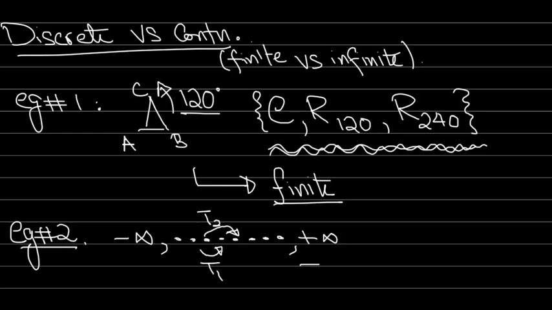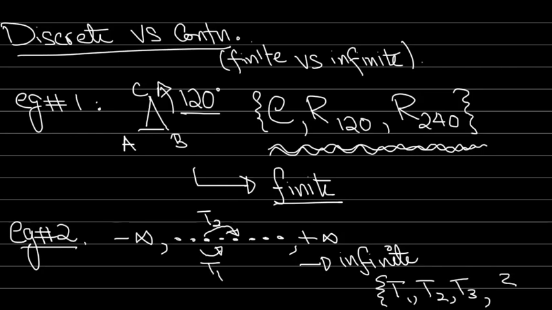Of course, then this is an infinite case, right? And that is obviously because the set that you could form for these transformations are t1, t2, t3, and up to infinity, right? So you could keep going on and on, right?